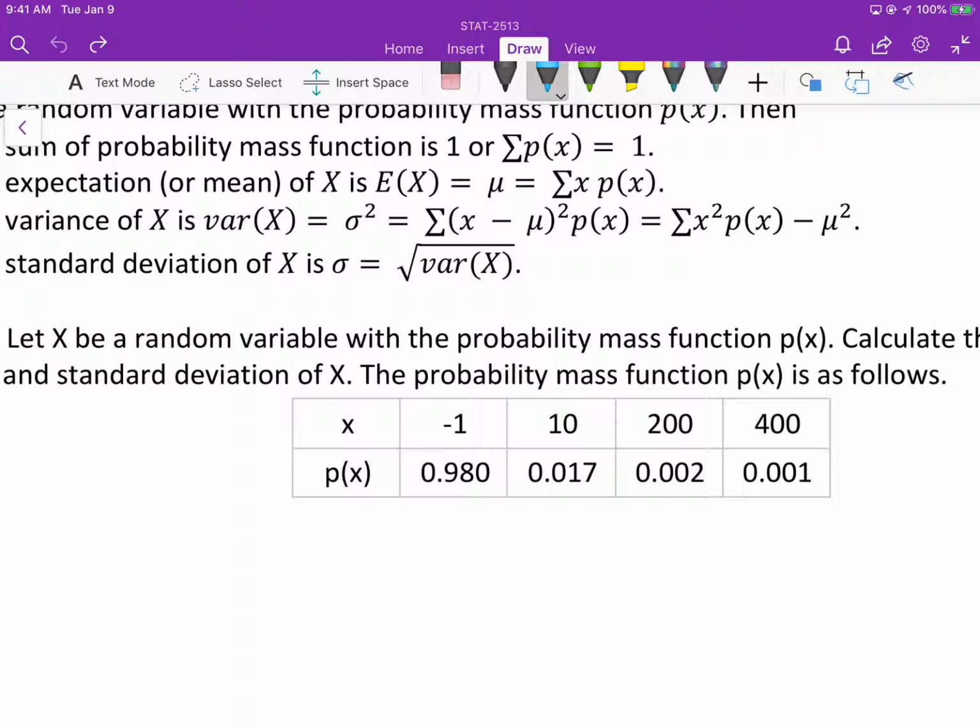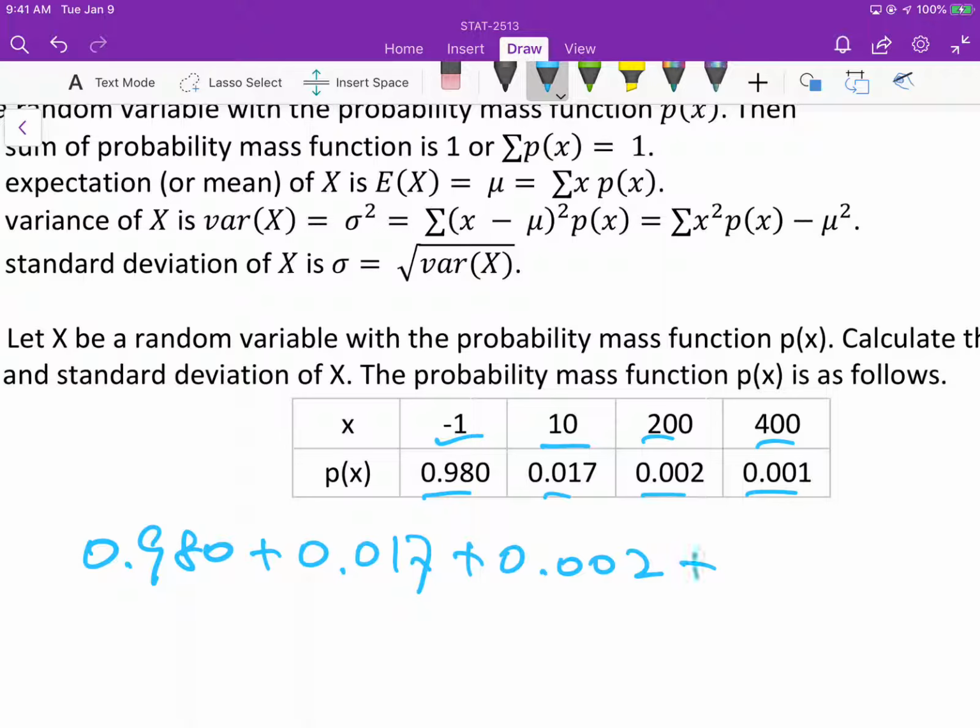So here, we have 4 possible values of x, and we have 4 corresponding values of p of x. So this property just means 0.908 plus 0.017 plus 0.002 plus 0.001 is 1. Okay, so this is the first property.